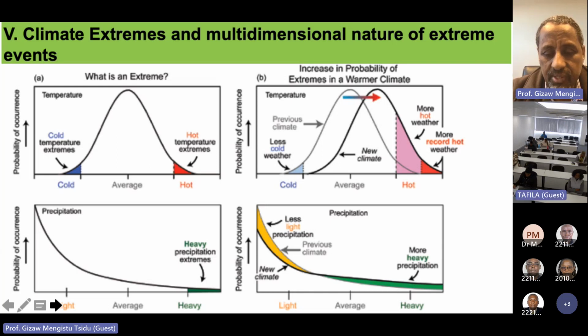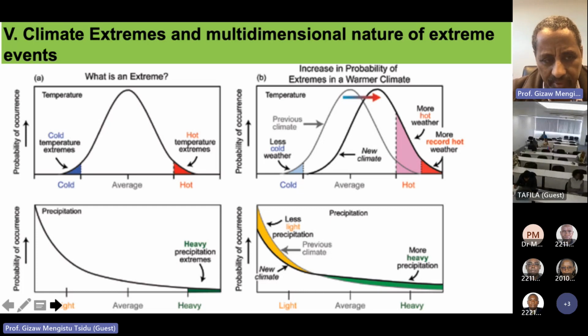In short, we said that climate change affects every part of the time series, not only the mean, but also the extreme part. We are focusing on the extreme part because it has more impact when it comes to hazards.